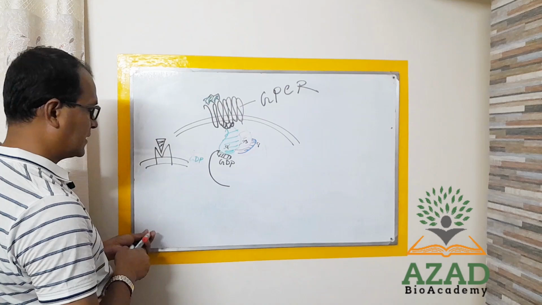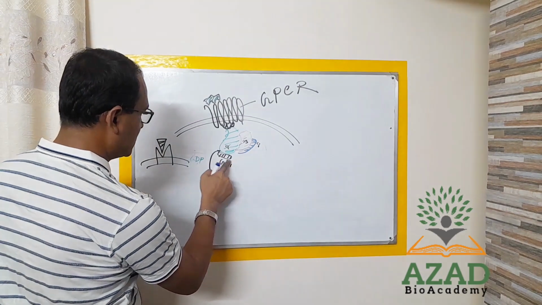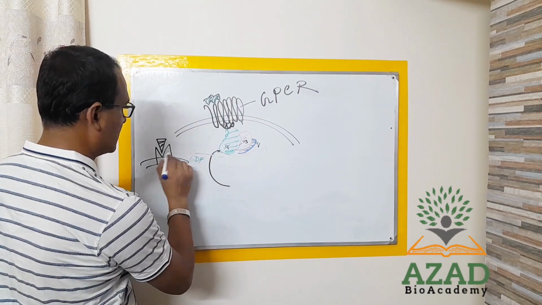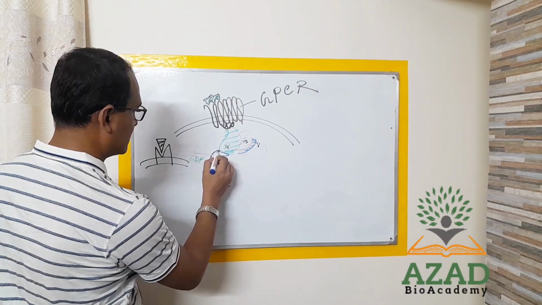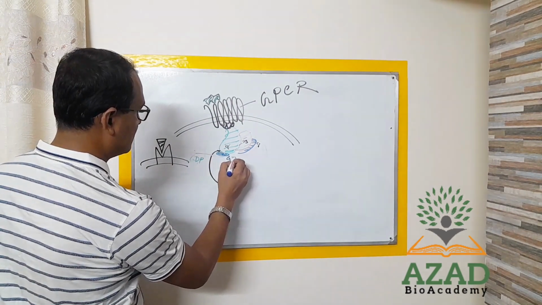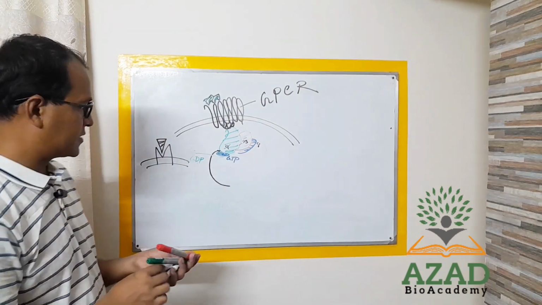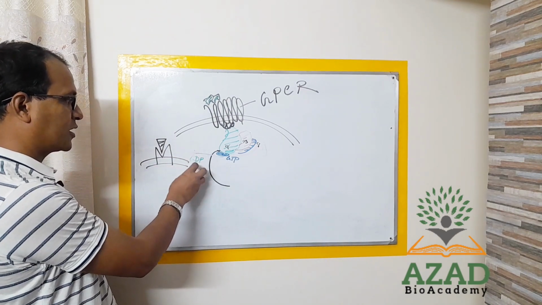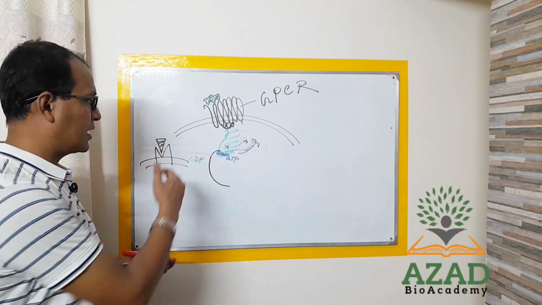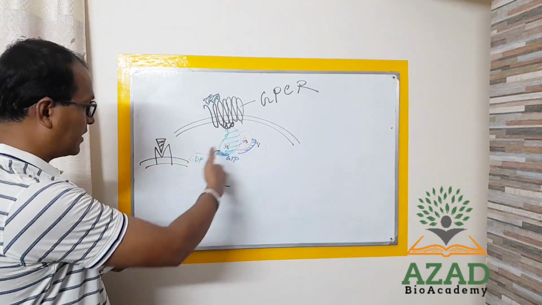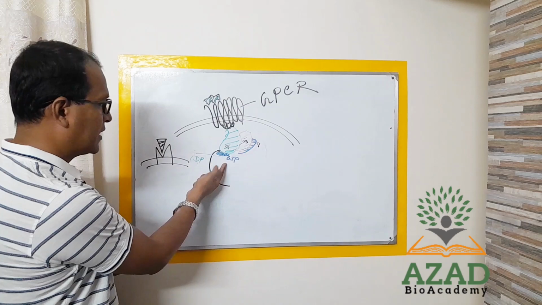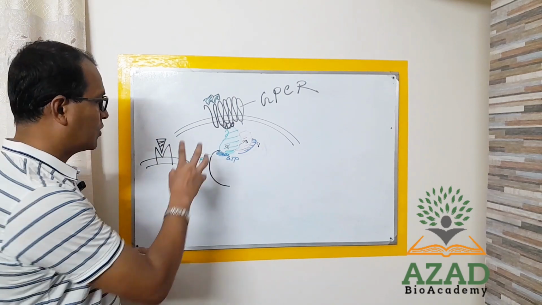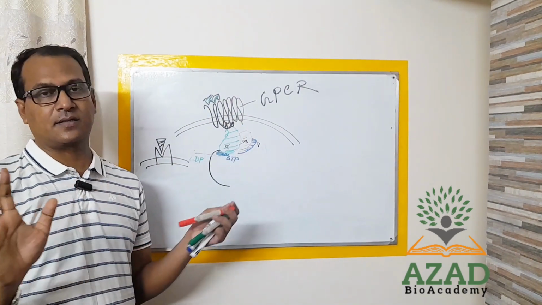Another thing: GTP will replace it, not be converted. GDP does not turn into GTP by addition of phosphate. It will just be exchanged, replaced. That means GDP will detach from the alpha part and GTP will attach. So finally, that G protein will be activated.